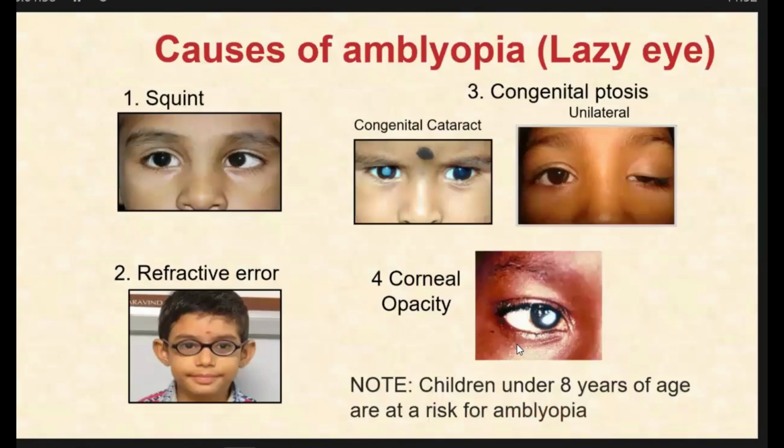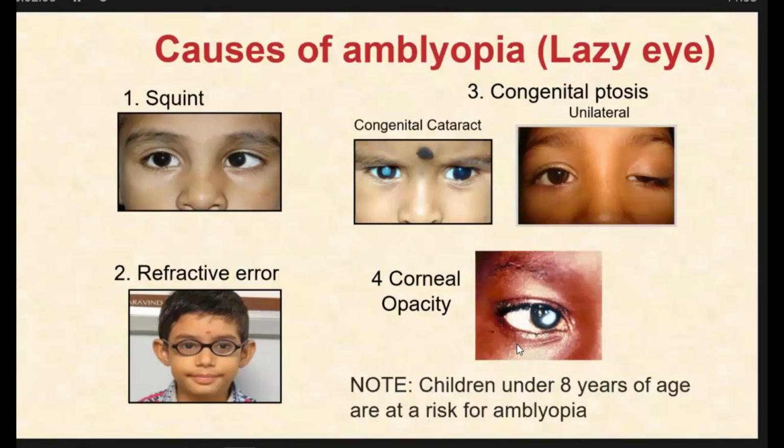So what are the causes? Based upon the possible causative factor, amblyopia can be classified as strabismic, refractive, visual deprivation, or mixed. Refractive can be anisometropic or bilateral refractive error. The mixed type has both visual deprivation and strabismic components.